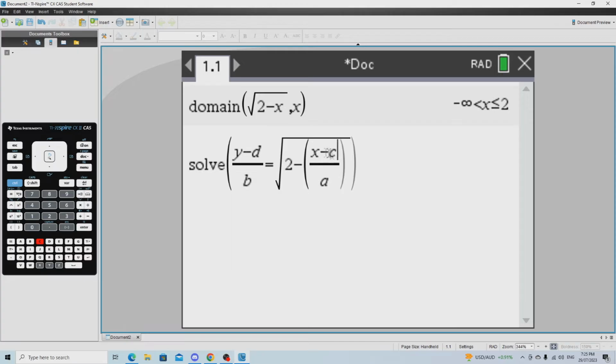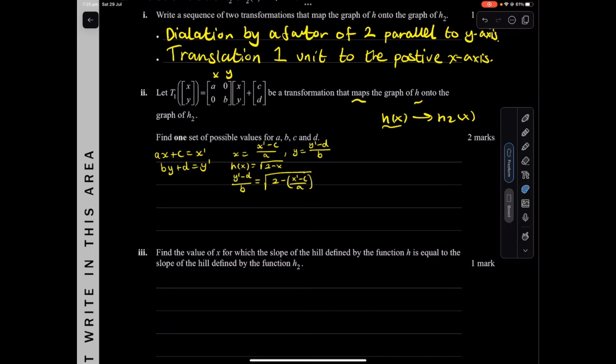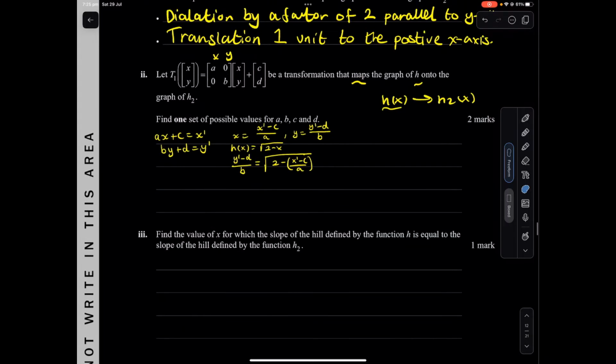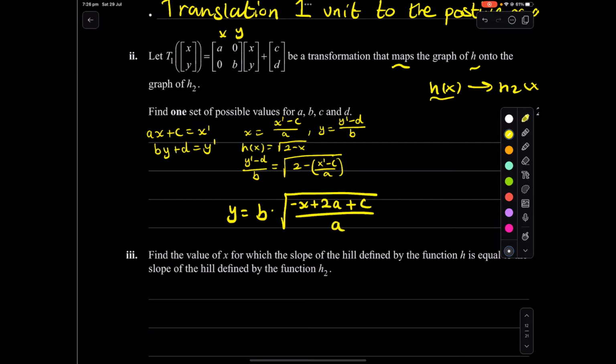We want to solve for y, which gives us this ugly equation. So y equals b times, it could be written as, negative x plus 2a plus c all over a, plus d.